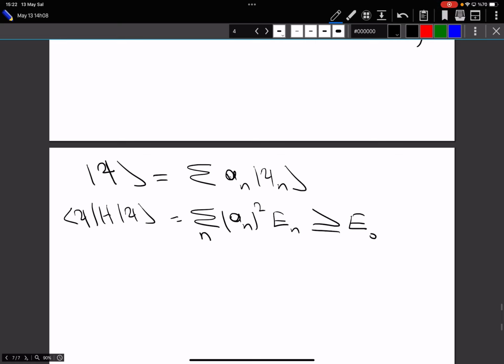Now, if I do minimization, if I insert some parameters, if I assume some functional form for the a_n's and minimize this expectation value, I hope to obtain the ground state, and a wave function that is similar to the ground state.